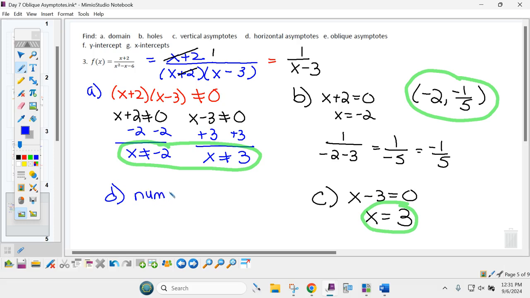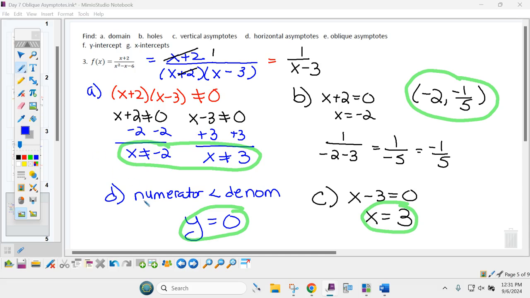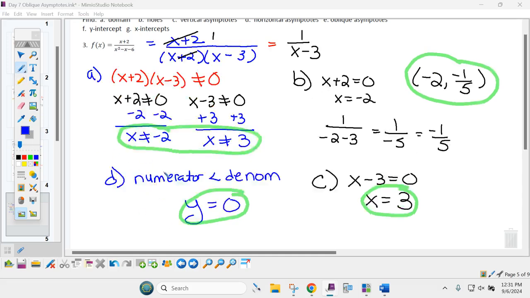The numerator degree is smaller than the denominator degree. That means there's a horizontal asymptote of y equals 0. Because there's a horizontal asymptote, there are no slant asymptotes, so E is none.